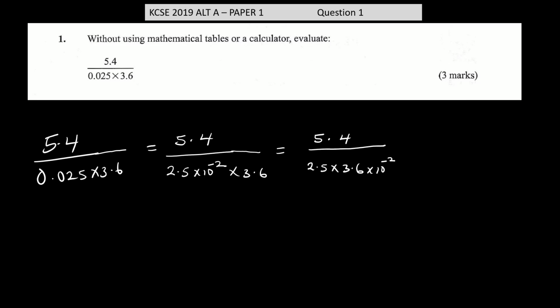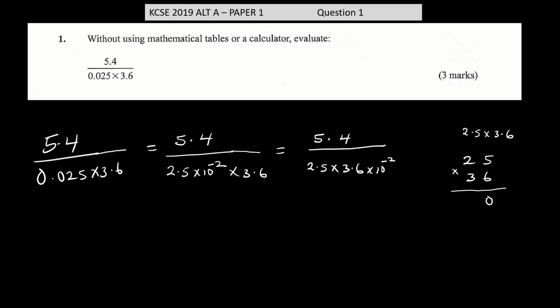Now we multiply 2.5 times 3.6. I will quickly do that since we are not using a calculator or a mathematical table. To multiply 2.5 times 3.6, we are going to multiply directly by using the multiplication method. 25 times 36. 6 times 5 is 30.